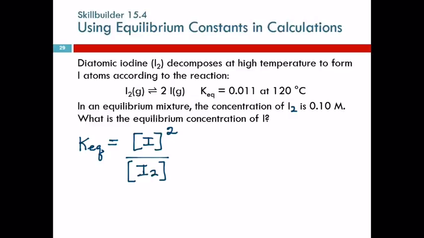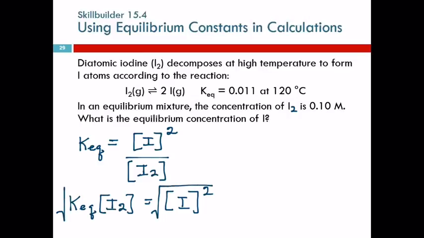So if I cross multiply to get rid of the pesky fraction, I get KEQ times I2 is equal to the concentration of I squared. Well, I don't want I squared. I want just I. How do I get rid of the square? Square root. So if I take the square root of this and the square root of the other side, it's still equal.